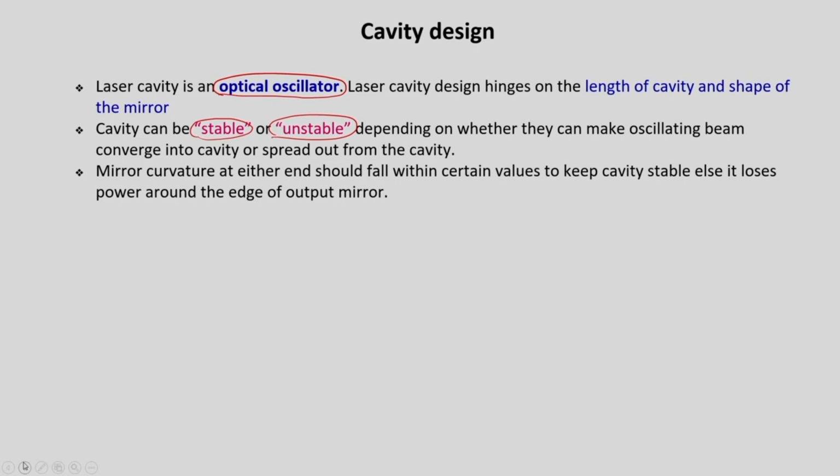So, the mirror curvature at either end should fall within a certain value to keep the cavity stable, else it loses power around the edge of the output. If we are converging the power, then we get a collimated beam at the center or about the axis, but if there is divergence of the laser power, then we can get the laser power around the edge of the mirror. So, from the annular region, the circular region about the mirror, we can take out the laser power as well.